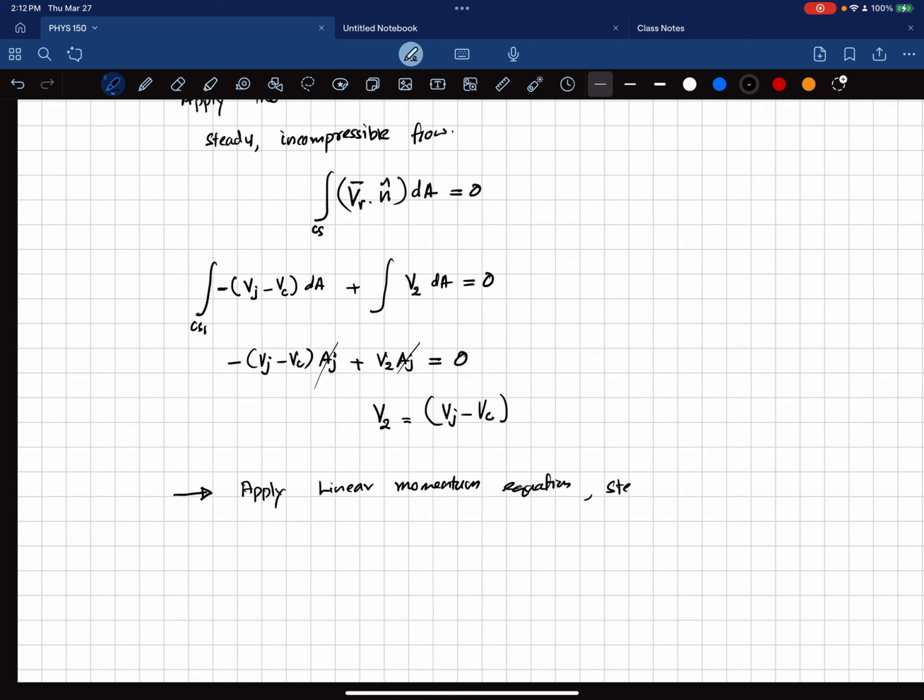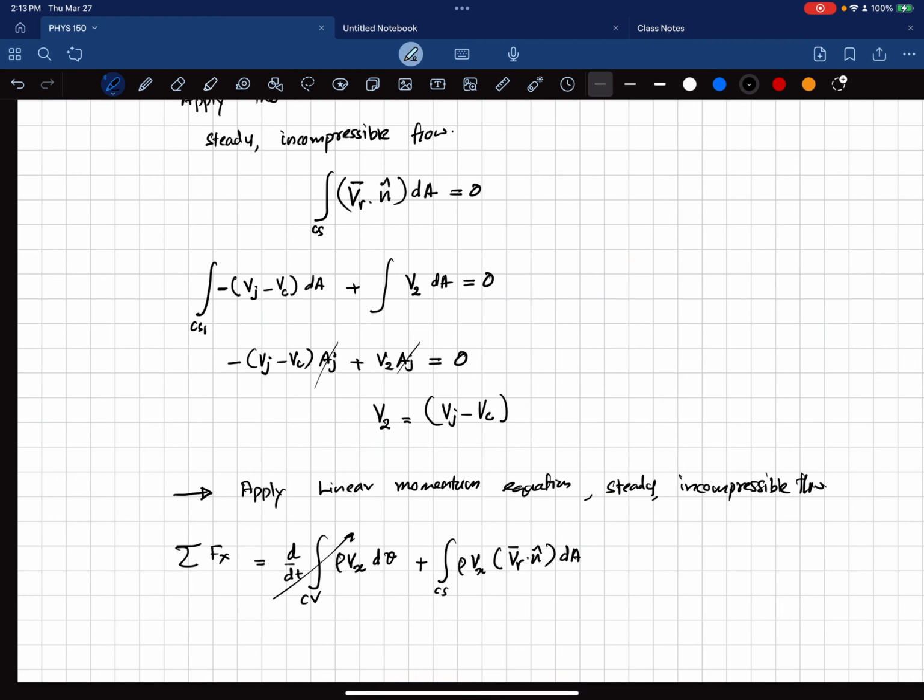For steady, incompressible flow, we can write sigma Fx equal to d over dt of the control volume integral of Vx relative to the cart times rho dV, plus the control surface integral of rho Vx relative to the cart, Vr dot n dA.